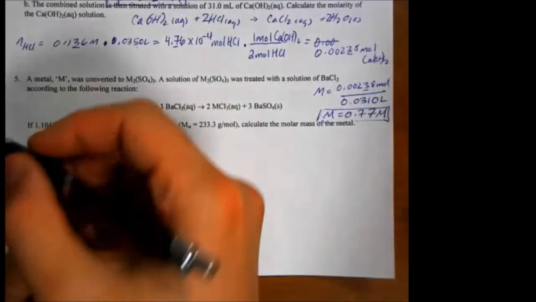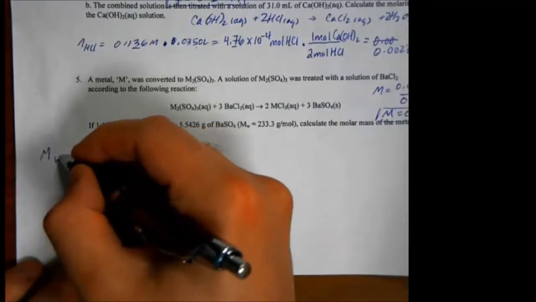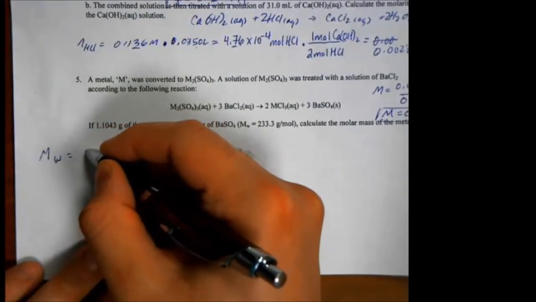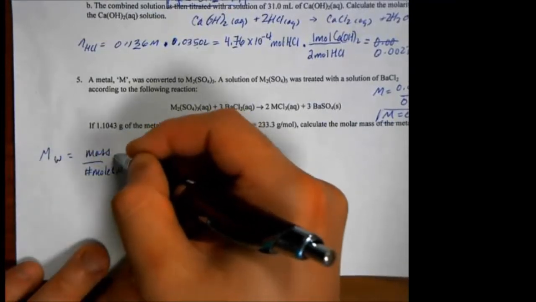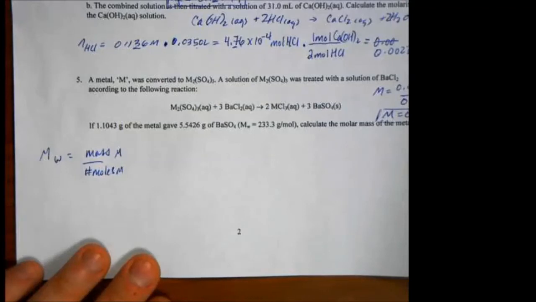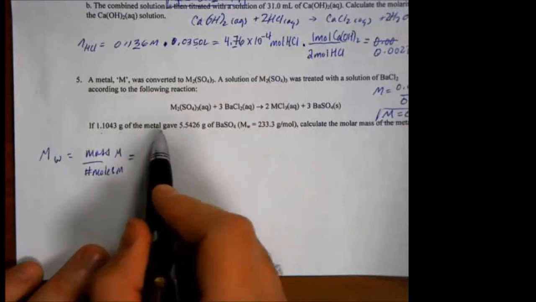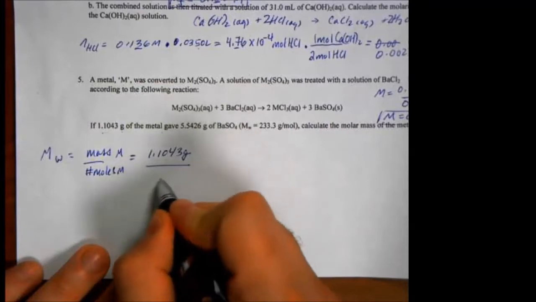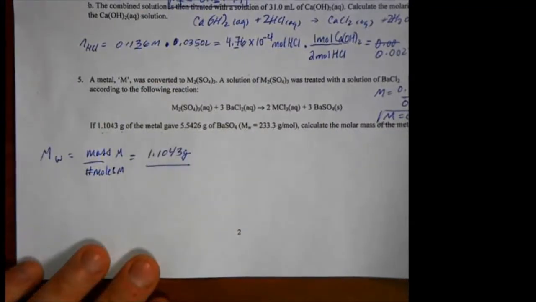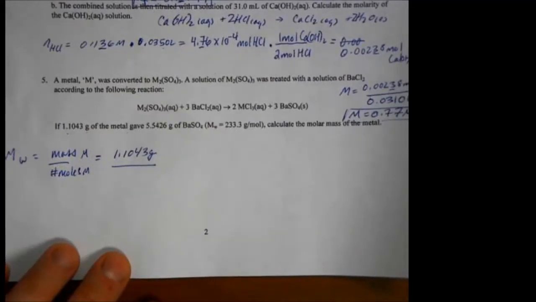To start this problem, we'll start right over here. The molecular weight is going to be equivalent to the mass divided by the number of moles of the unknown metal M. They give us a mass of the metal, so we can plug that in, 1.1043 grams. But we need to figure out the number of moles of M, and the way that we're going to do that is by backtracking through the precipitation equation.